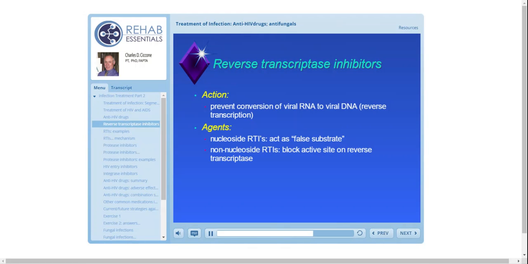If you buy the puppy a chew toy, a rubber toy of some sort, it spends all day chewing on the chew toy and it leaves your shoes alone. The non-nucleoside, the second subgroup, are much more direct. They block the active site on the enzyme. It can't do its job. It would be like buying a muzzle for the dog, and it can't chew on anything. So these have been major breakthroughs. Let's look at some examples in the next slide.